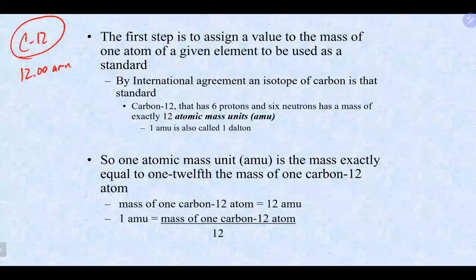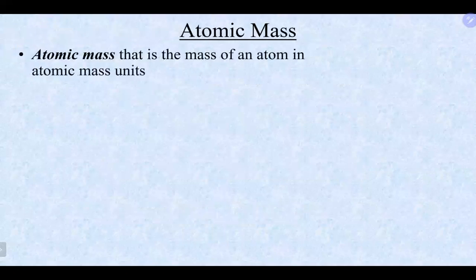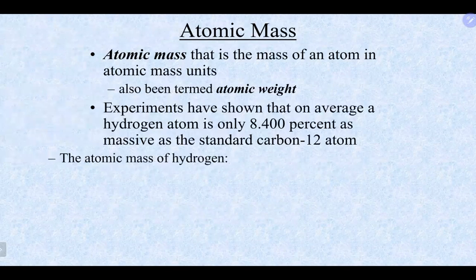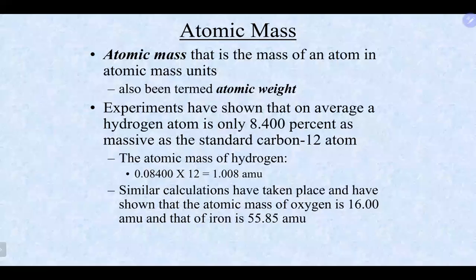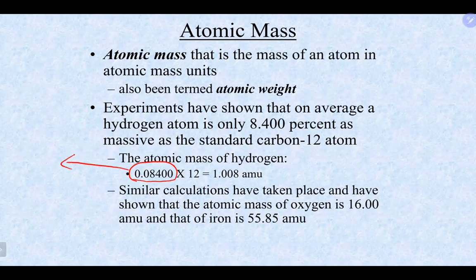So what they did was run experiments to look at atoms, and found that hydrogen is only about 8.4% as big as the carbon-12 isotope. Basically they did a simple calculation to figure out the atomic mass. They took 8.4%, converted it into a decimal, moving it 2 places to the left, or dividing by 100, whichever way you want to do that.